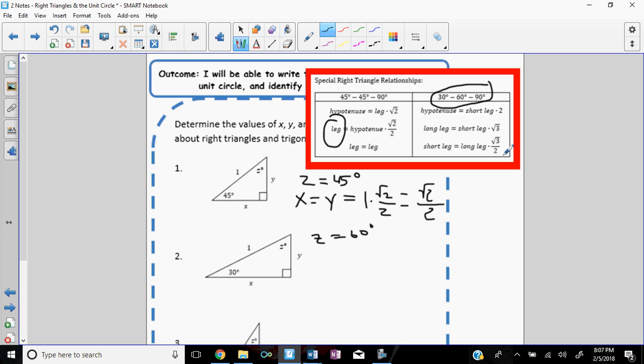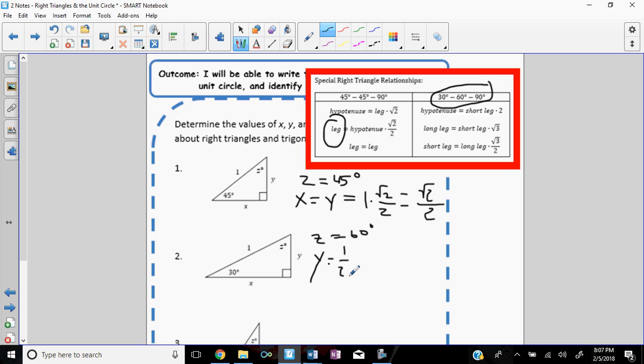Well, I don't know the long leg, so that doesn't really help me. But I also have this relationship up here where the hypotenuse is equal to 2 times the short leg. Well, that must mean that the short leg is equal to half of the hypotenuse. So y must equal 1/2 times 1, or simply 1/2.